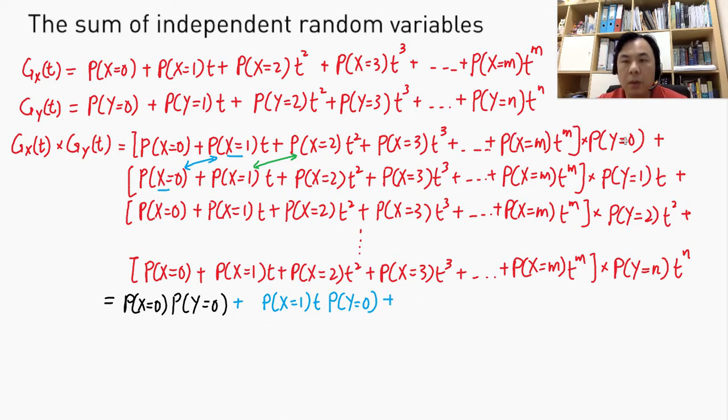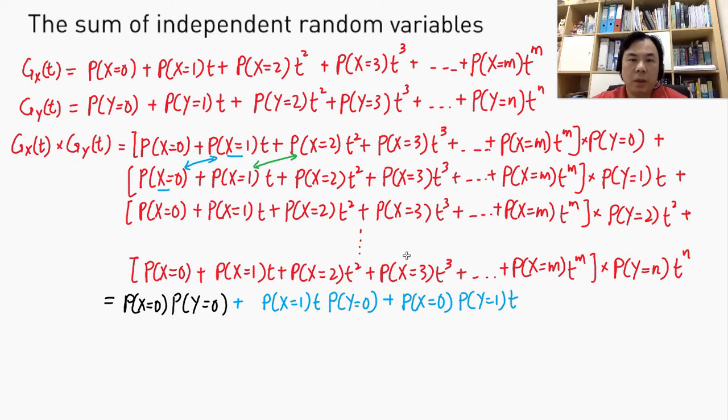And at the same time I have Px equal to 0, Py equal to 1, t. Right. So that's it for the term t. Those are only two pairs that produce a term t here, right? So we don't have any other pair.